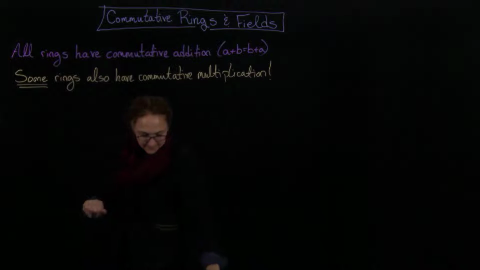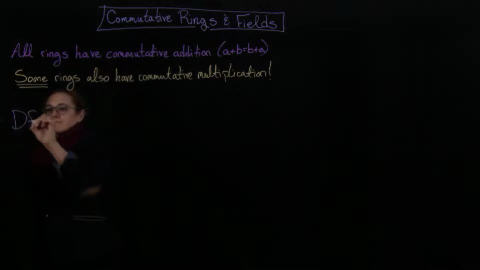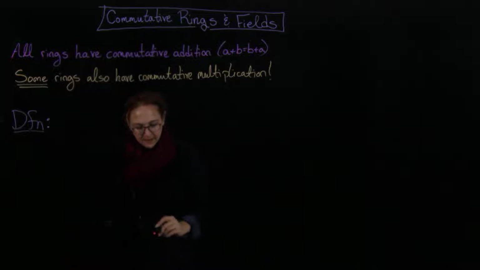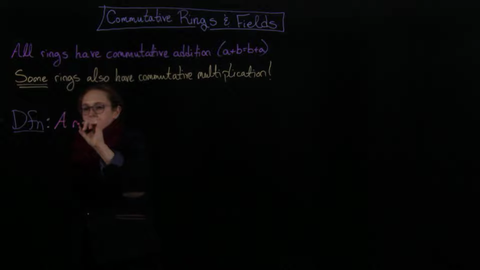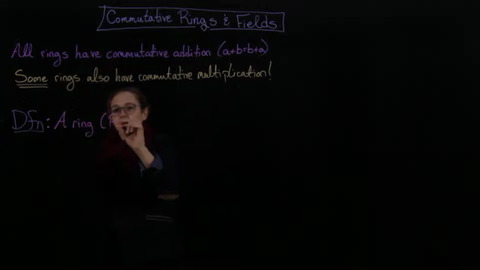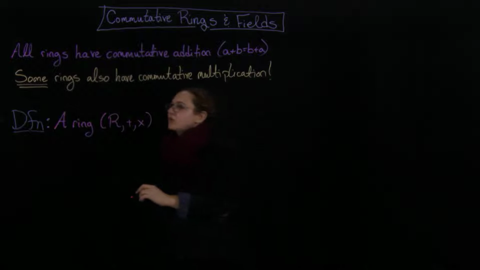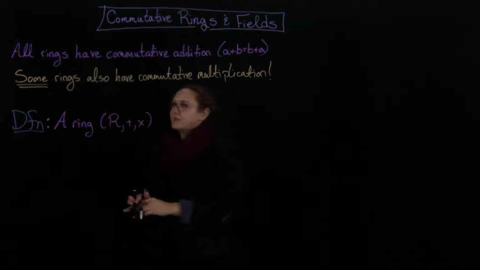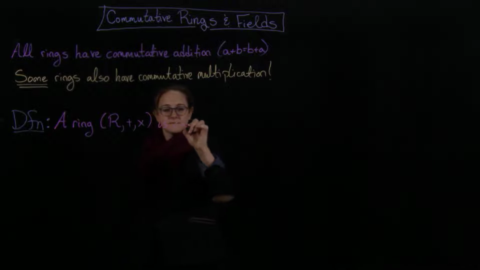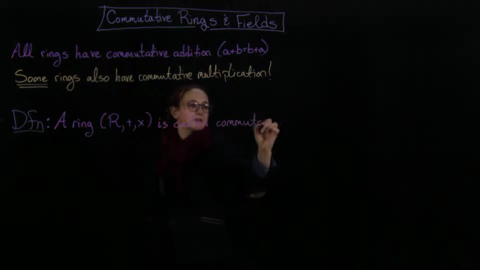So what is this? Definition. A ring R with multiplication is called commutative. So when is a ring a commutative ring?